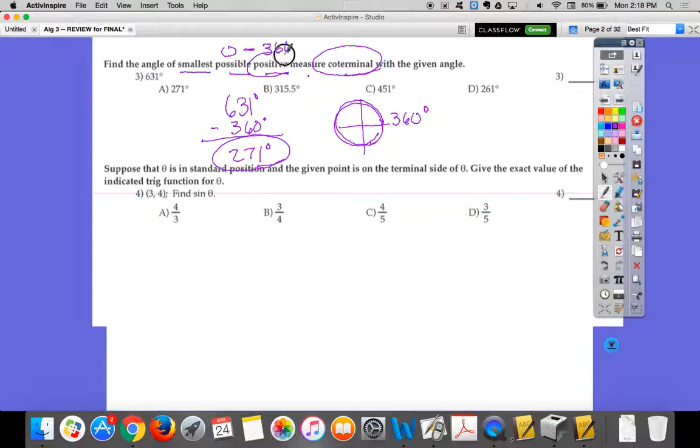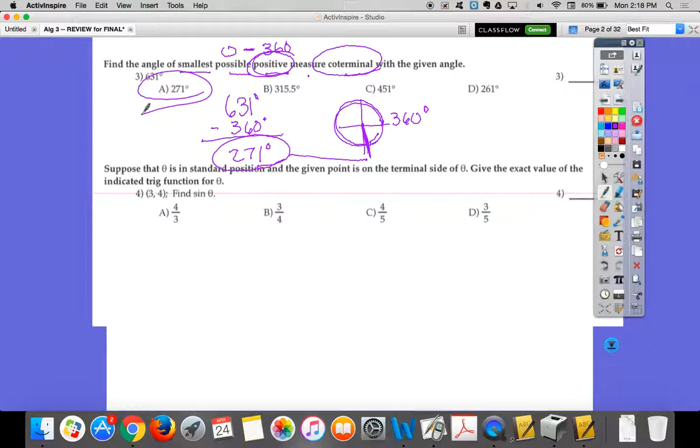Smallest possible positive measure. Coterminal just means they're going to land in the same spot. So that's where 271 is, and 631 just means that it rotated around a second time and landed there as well. But we need 271. All right, go to the next one.